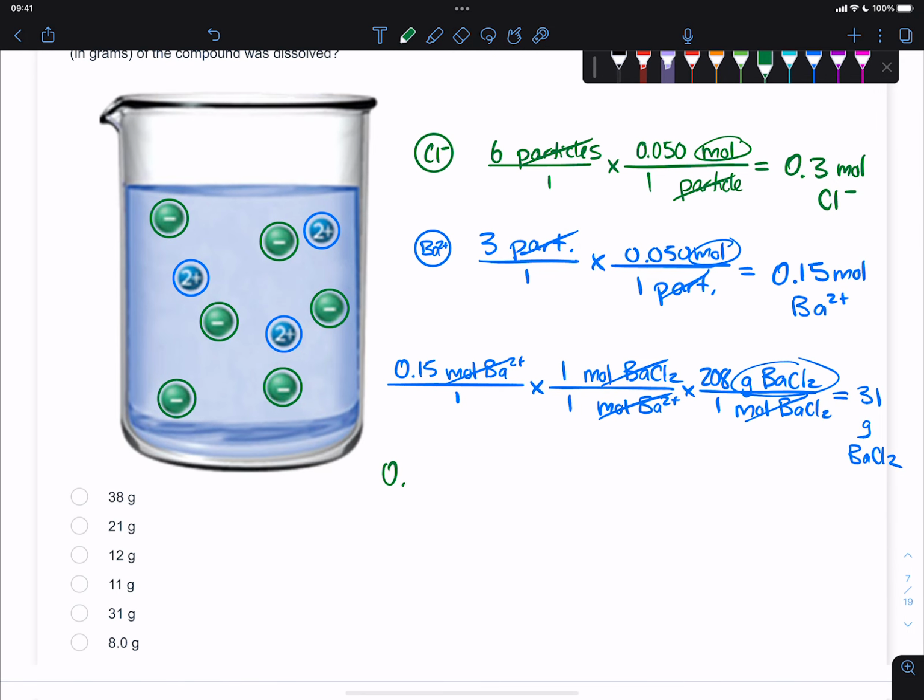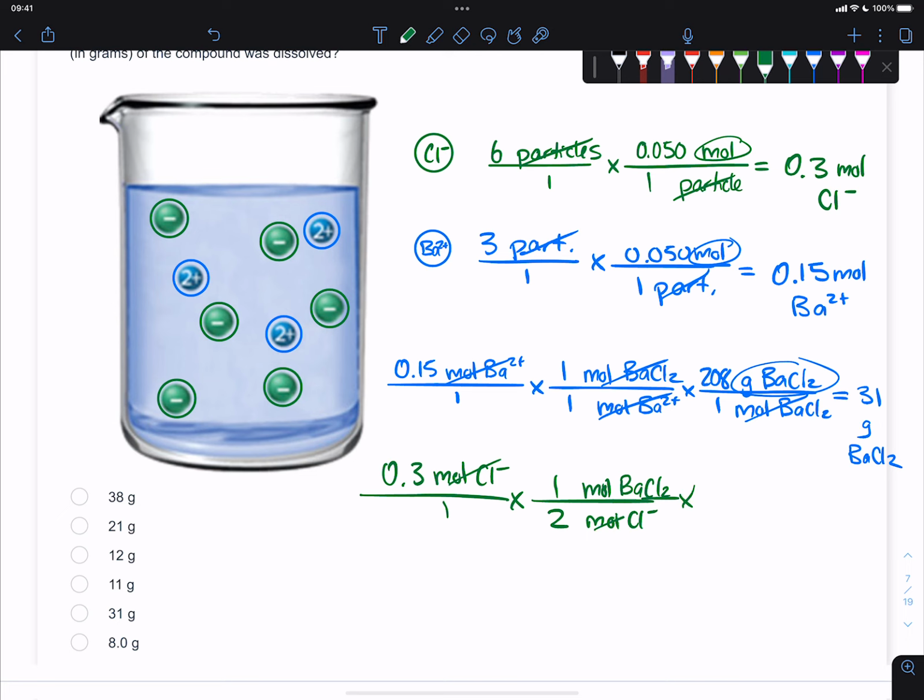You have 0.3 moles of the chloride ion, convert your moles of chloride ion into moles of the barium chloride from which it comes. And this is where the fixing happens, so to speak, because for every 1 mole of barium chloride, you get 2 moles of chloride ion.